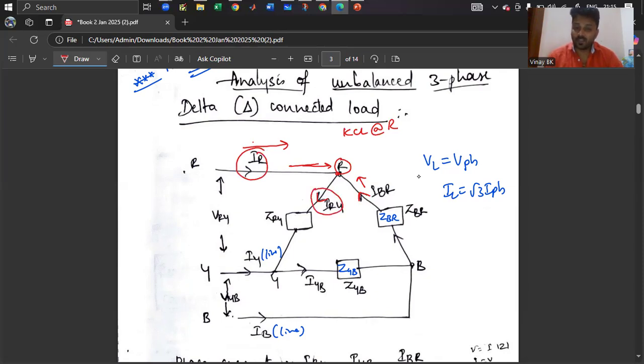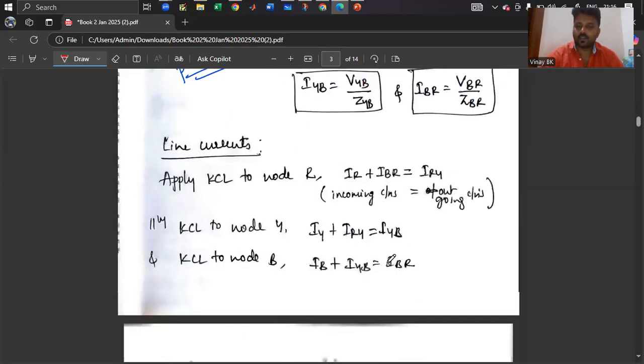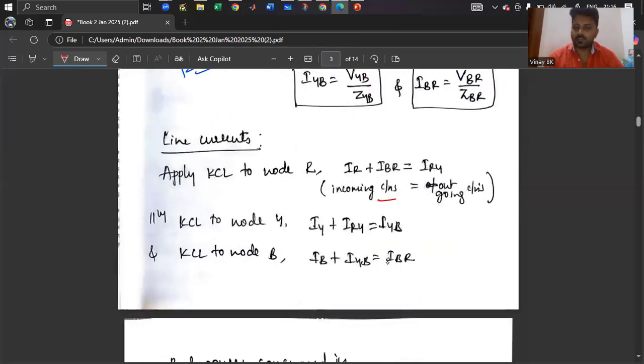So IR plus IBR, the current entering the junction, is the same as IRY, the current leaving the junction. With the help of this, you get IR, the line current, given by IRY minus IBR. You can see the line currents: KCL at node R, incoming current is the same as outgoing current. Similarly, applying it at Y and B, you will get those current values.